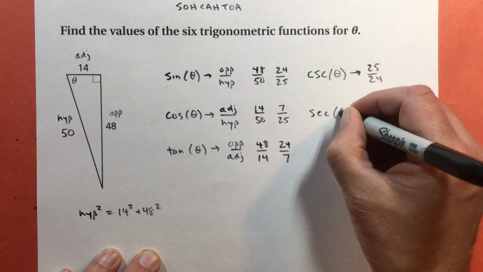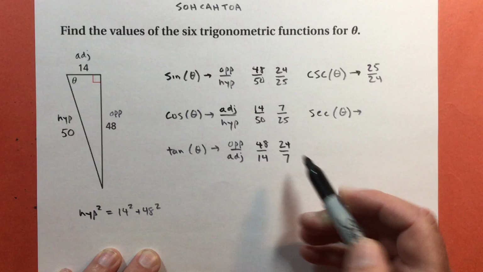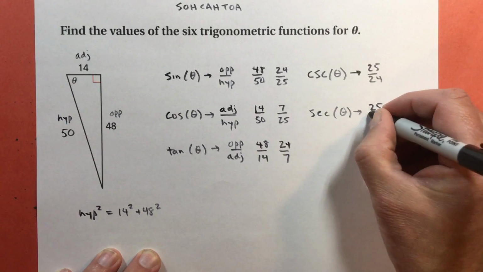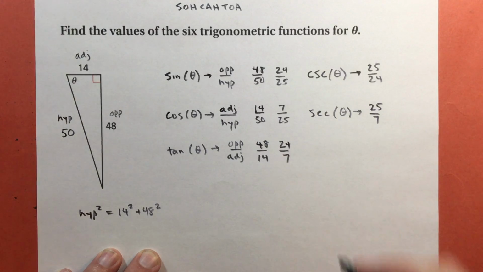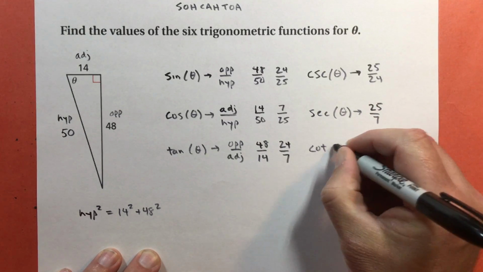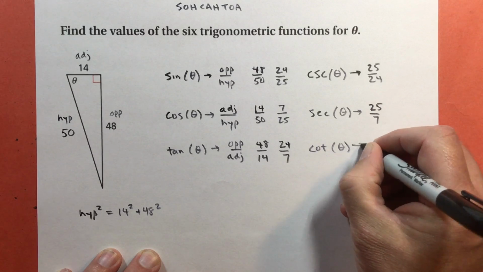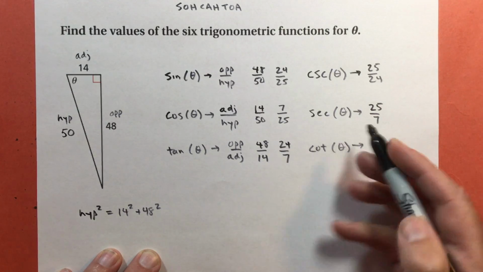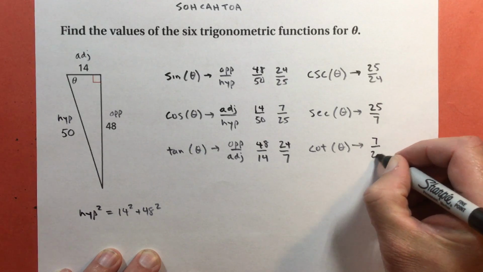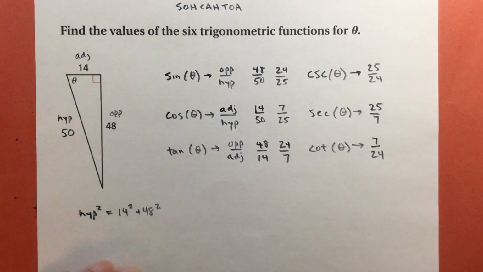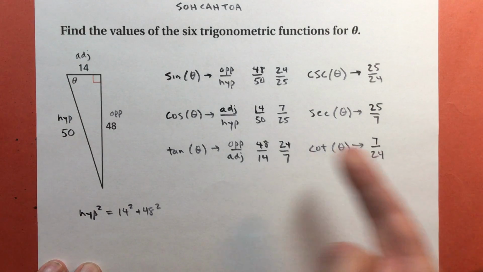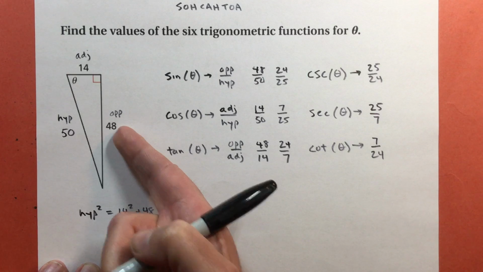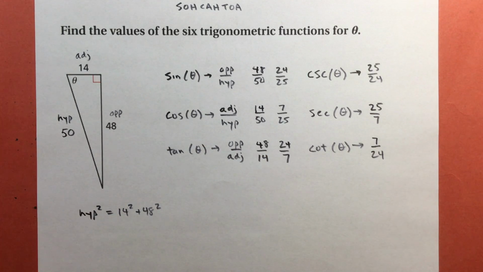Secant of theta is the reciprocal of cosine, so that's going to be 25 over 7. And cotangent of theta is the reciprocal of the tangent. My tangent was 24 over 7, so this is going to be 7 over 24. And if I'd gone back and said adjacent over opposite, 14 over 48, and then reduced it, that would have been perfectly fine also.